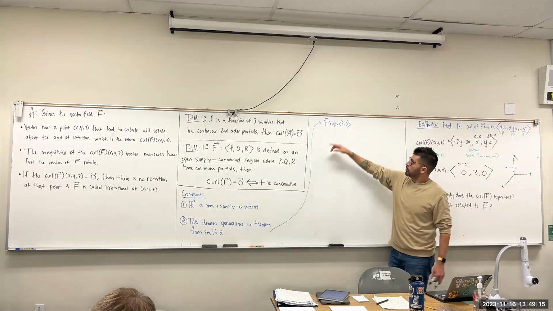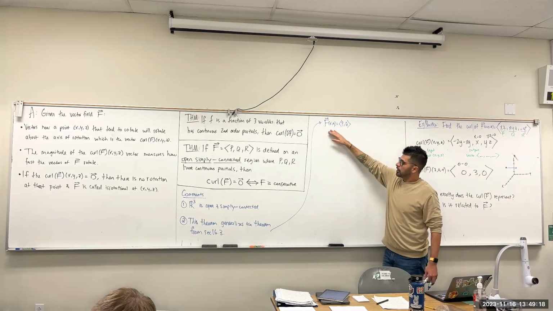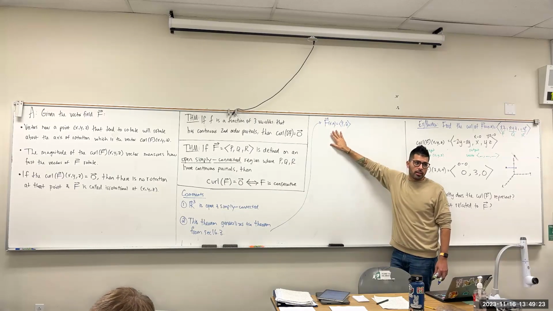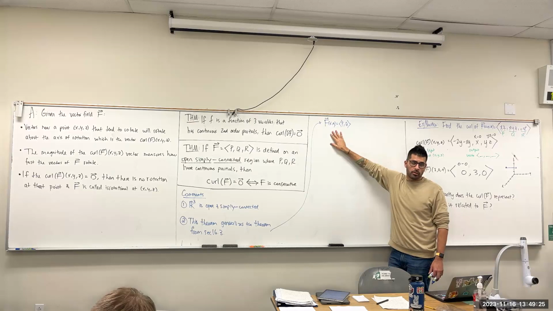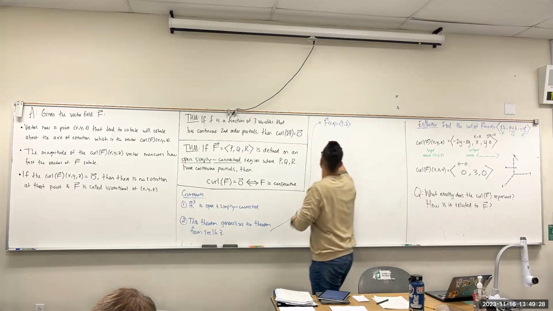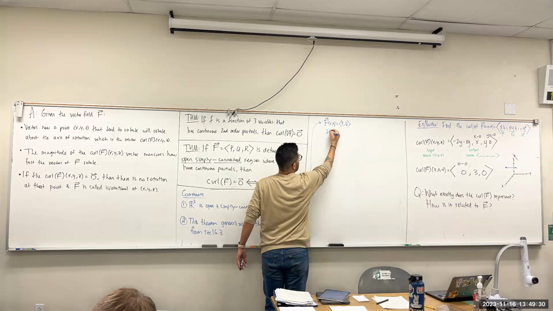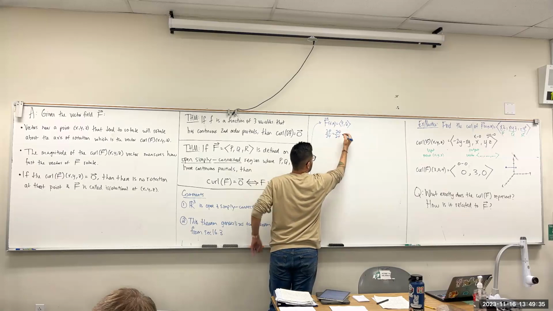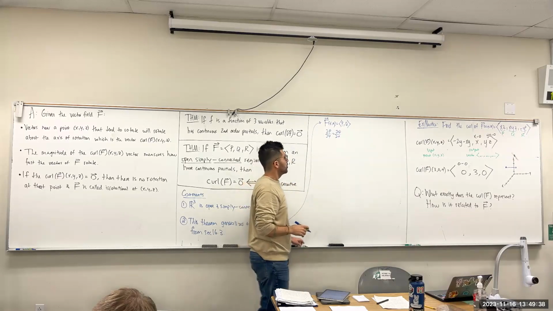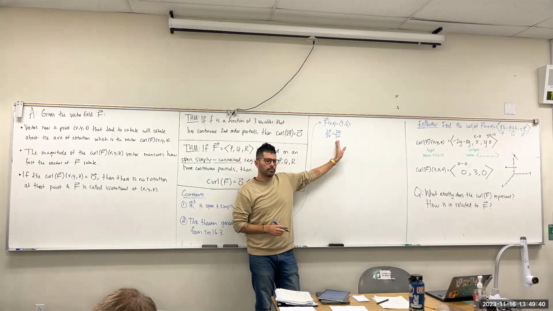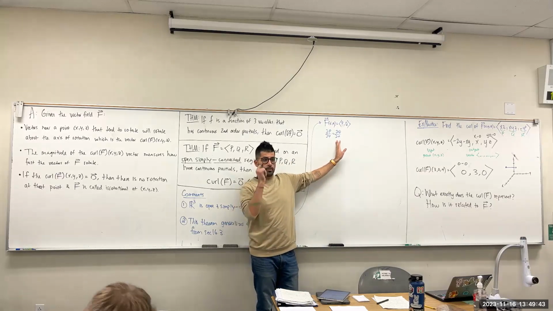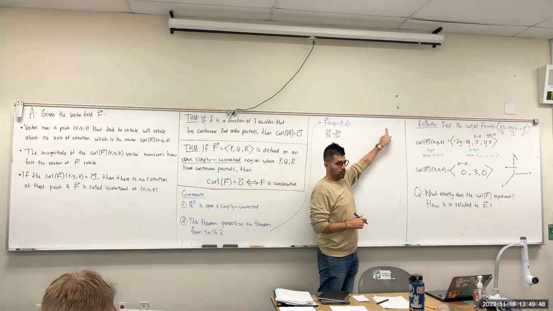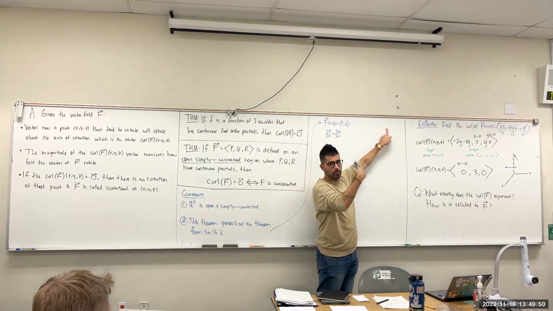The theorem from 16.3 said, let's say that it's defined in an open, simply connected region. What did you guys do in 16.3 to see if this was conservative? Yeah, you checked if the partials were equal. That's what you guys did in 16.3, right? So if you remember from chapter 12, you can turn a two-dimensional vector into a three-dimensional vector by letting the z component just be 0.